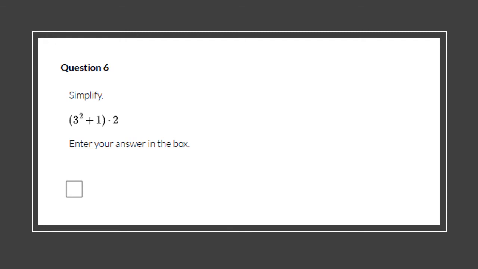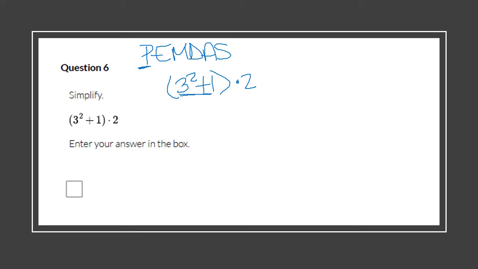Okay, on this question you've got the quantity of 3 squared plus 1 times 2. So you've got please excuse my dear Aunt Sally or PEMDAS. The first thing we're going to look at is those parentheses. So I'm going to look in my parentheses and see what I need to do first.